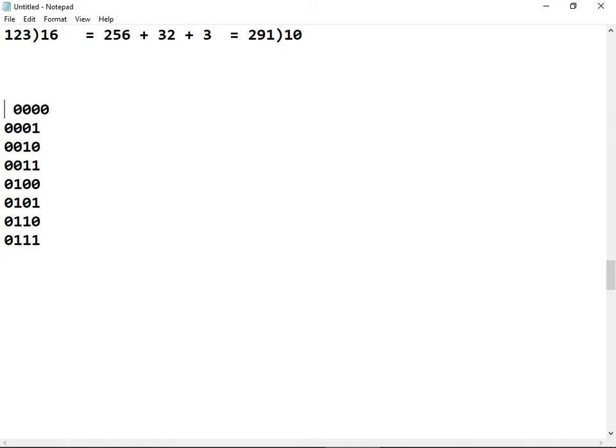Okay, those are 0 through 7 in base 10. So this is base 2, this is base 10, and we have one more column, base 16. Those are just the same at this point, right?